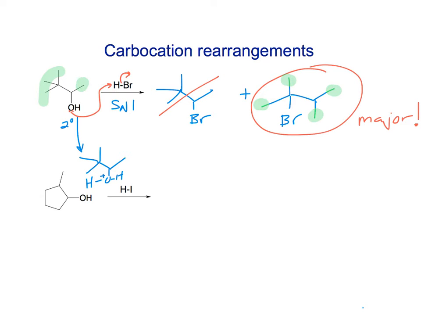The next thing that we've seen every time is then that leaving group comes off. And we make this secondary carbocation. Now somehow we have to move a methyl group, but before we do that, let's start at our product and move backwards.